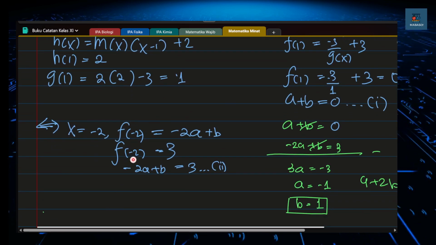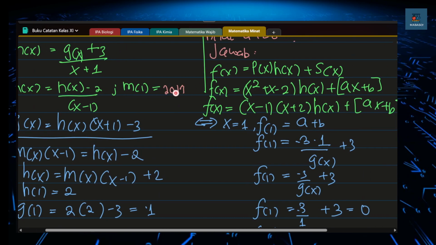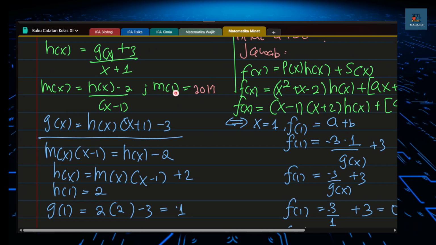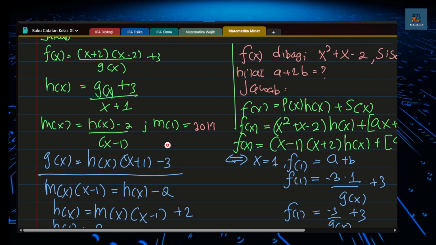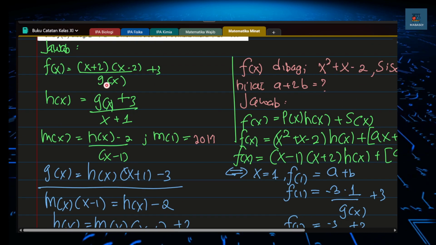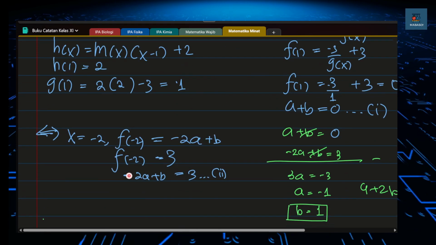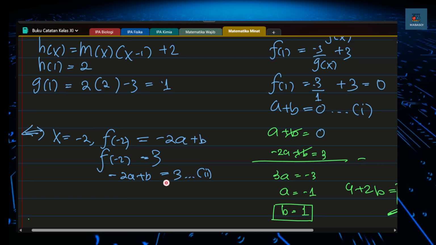So f of minus 2 is 3. We don't have to go through the same process as we did earlier with x equal to 1, because the term here would be equal to 0, so we don't have to calculate the value of g of minus 2. So we got minus 2a plus b equal to 3.